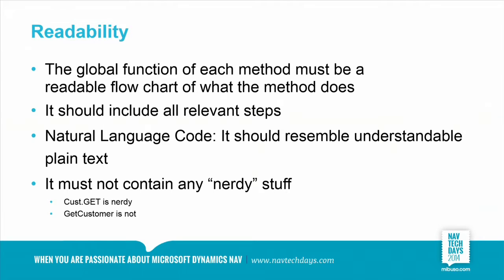And this readable flowchart should also include all relevant steps, not only check if I can do that, do that. Normally you have a lot more steps in between, and to structure that so that your method header includes all or most of the relevant steps and does not omit one is also not always easy to do, but when you start doing it, you'll get the gist of it quite easily.